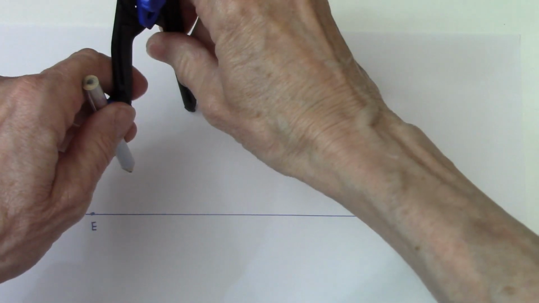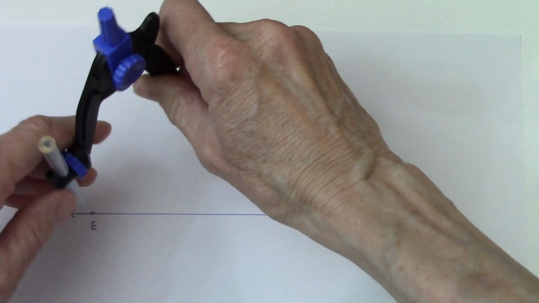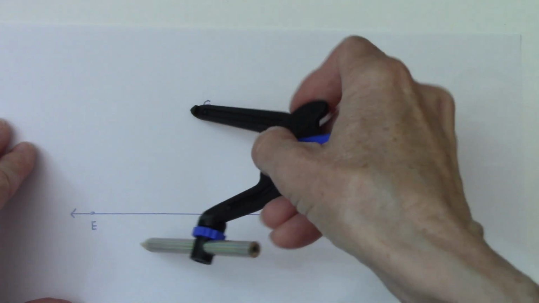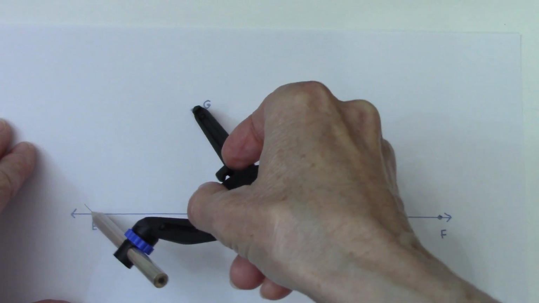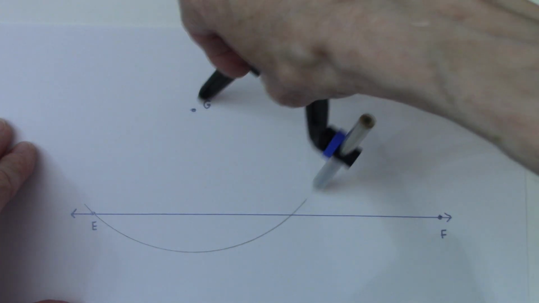I need it a little bit more open. Now it's open so that it's going to actually cross the line. It doesn't have to go through the point E, but I think mine will. Then we're going to draw an arc just like that.